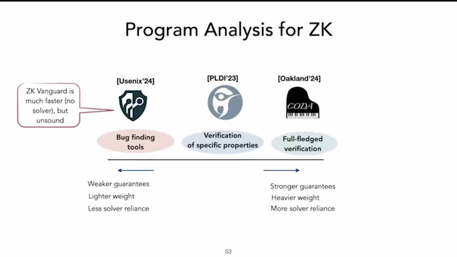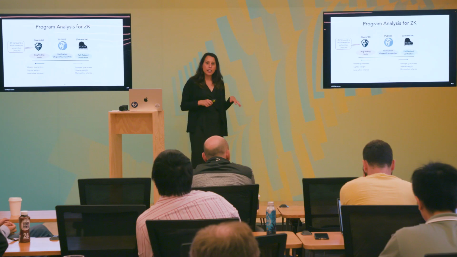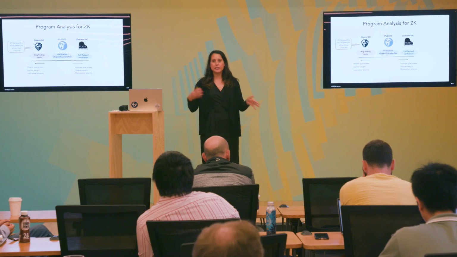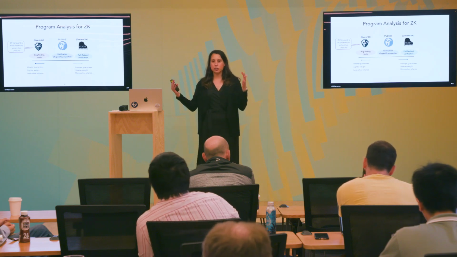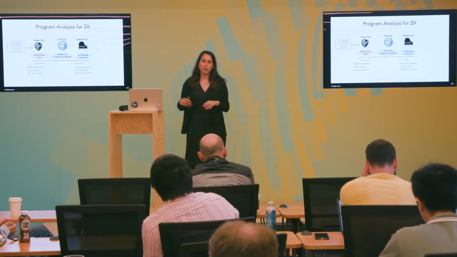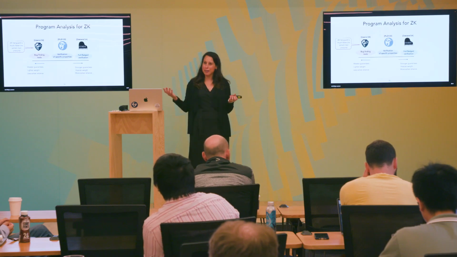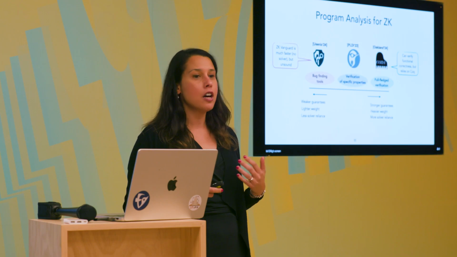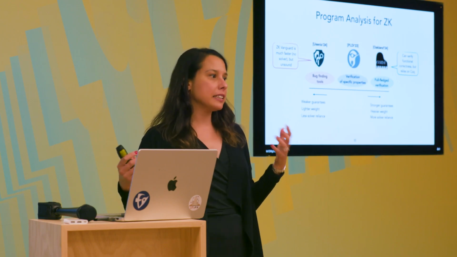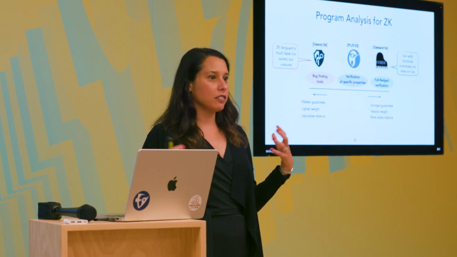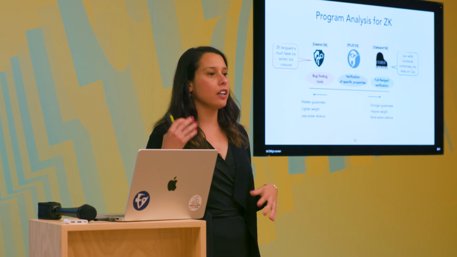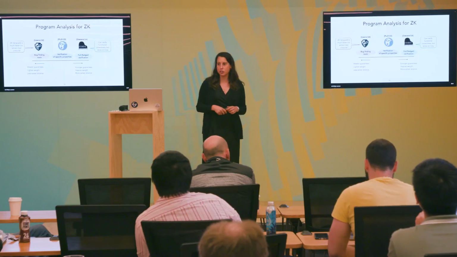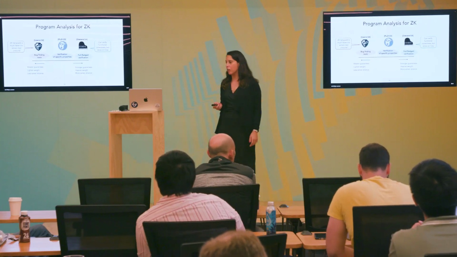We have a programming language for ZK circuits called CODA, and it uses a refinement type system, and when it does type checking, it will output a bunch of Coq lemmas. So this technique is not fully automated. It can verify full functional correctness, but in the case where the built-in Coq tactics fail, a person needs to go and prove those Coq lemmas by hand. So this is not fully automated.